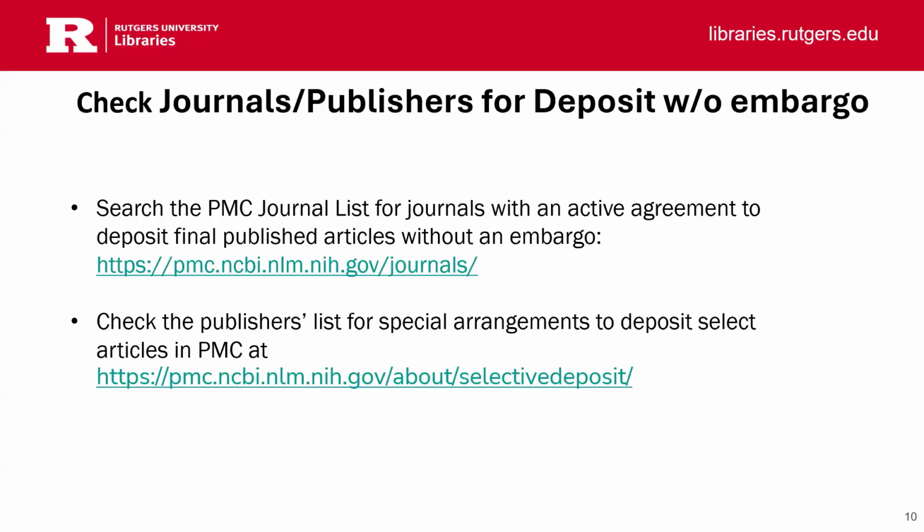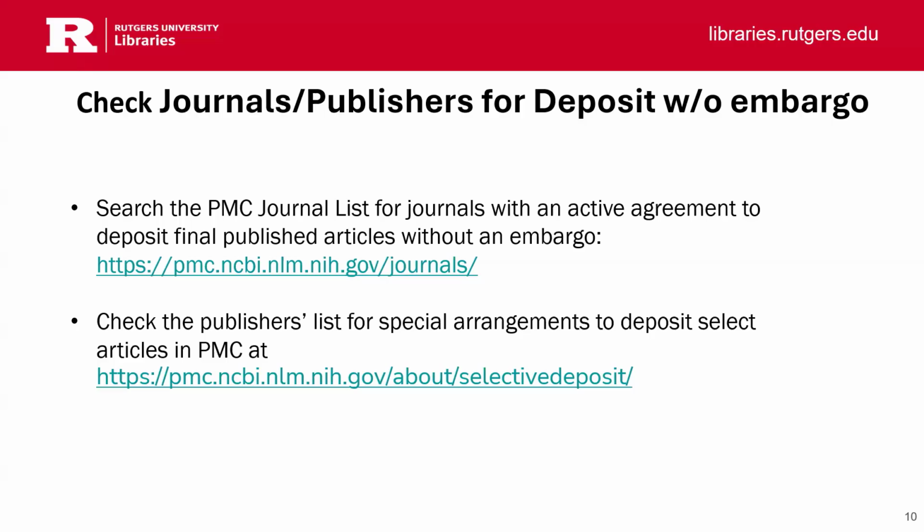This is actually very similar to method A in the 2008 policy, although it doesn't mention it at all. Now, a journal or publisher may also deposit selected articles in PMC if you make special arrangements for immediate release. A list of publishers that provide this service is available at the link. You can refer to this slide for these links.